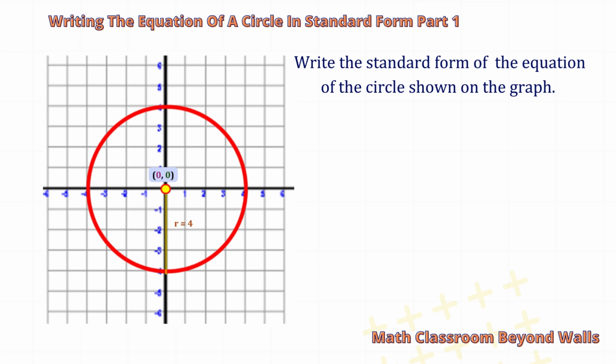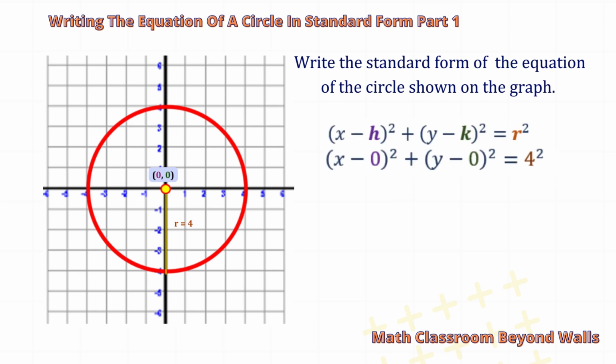We can now substitute the values of h, k, and r into our equation formula. Look at the equation. We have these expressions, x minus 0 and y minus 0. Remember that a number minus 0 is the number itself.